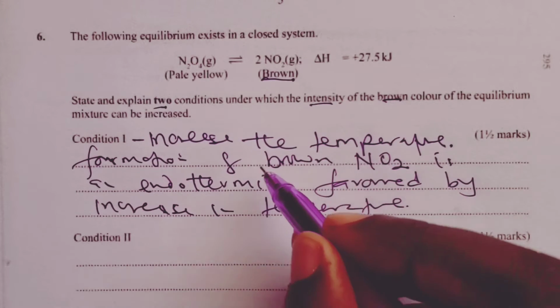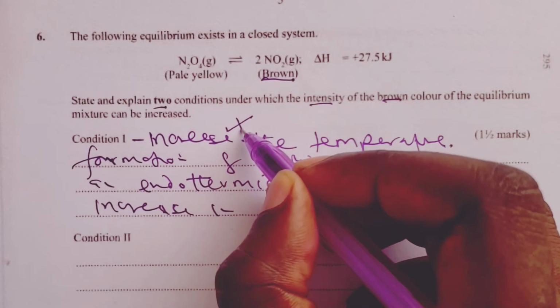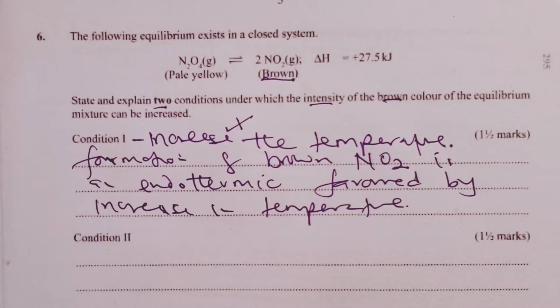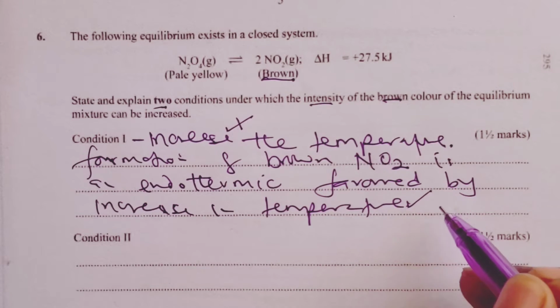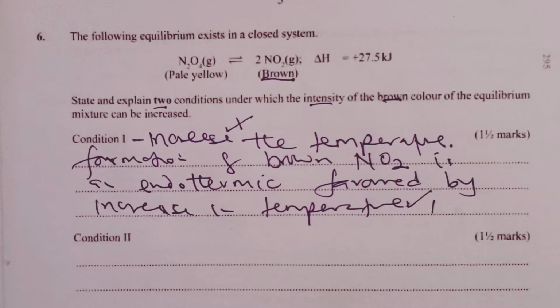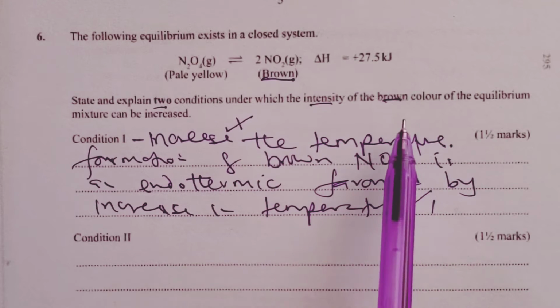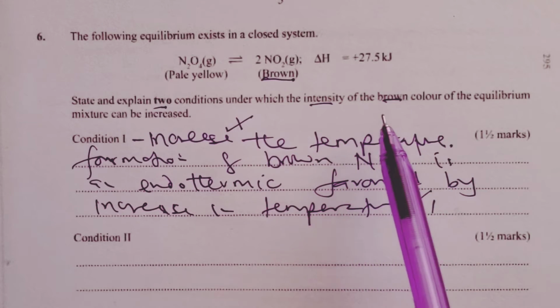So, for mentioning the factor that would increase the intensity of the brown color, half a mark, and the explanation, 1 whole mark. Next thing that we would do to increase the intensity of the brown color would be pressure.